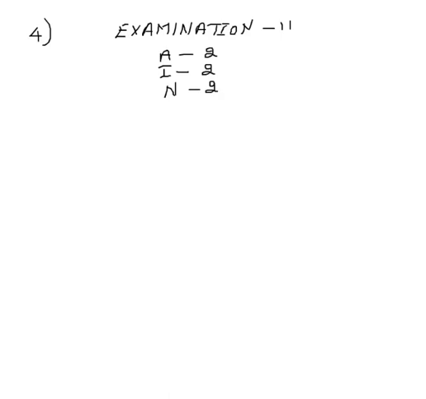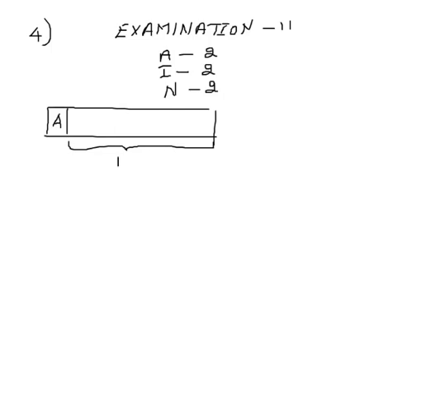Now, as in dictionary order, we have to arrange. We have 11 alphabets to arrange, and as in dictionary order means we will calculate first how many words can be formed starting with the letter A. So A is fixed in the first position. Now remaining 10 alphabets I have to arrange, which can be done in 10 factorial divided by, out of these 10 alphabets, I have 2 I's and 2 N's.